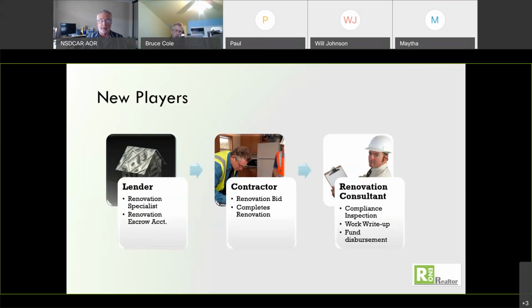They have to put together the construction bid, and they're obviously involved in completing the renovation. And then the renovation consultant: I'm involved with doing the initial compliance inspection. I also create the work write-up documentation, and then I stay with the project to do fund disbursements.